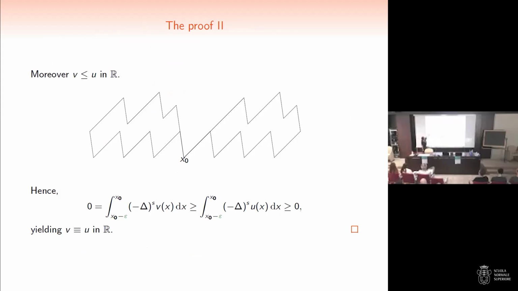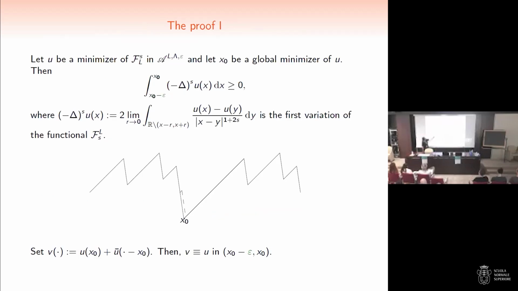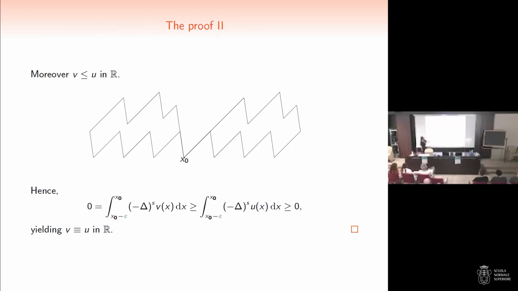Okay, so now if you look at the shape of the fractional Laplacian, I have that u coincides with v, and that u is above v everywhere in R. So I just proved that the average of the fractional Laplacian of v is above the average of the fractional Laplacian of u.